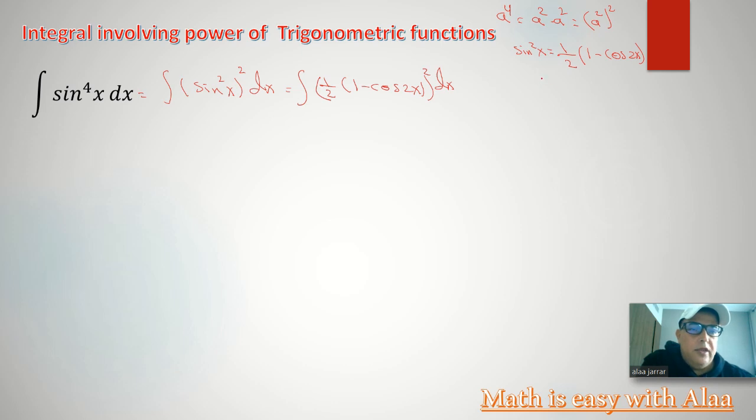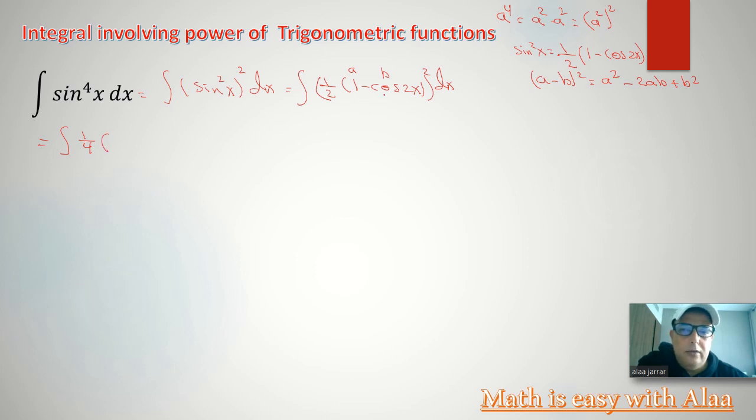Now we know that a minus b, all squared, equals a squared minus 2ab plus b squared. Now this is a and this is b, so it will be the antiderivative of 1 over 2 squared, which is 1 over 4.